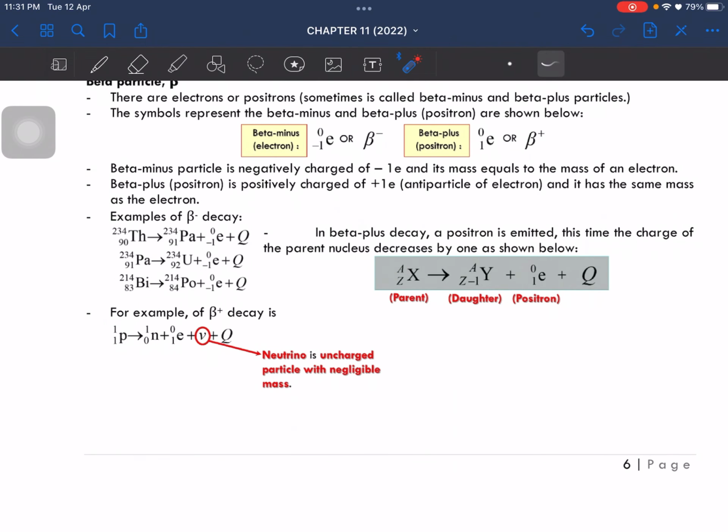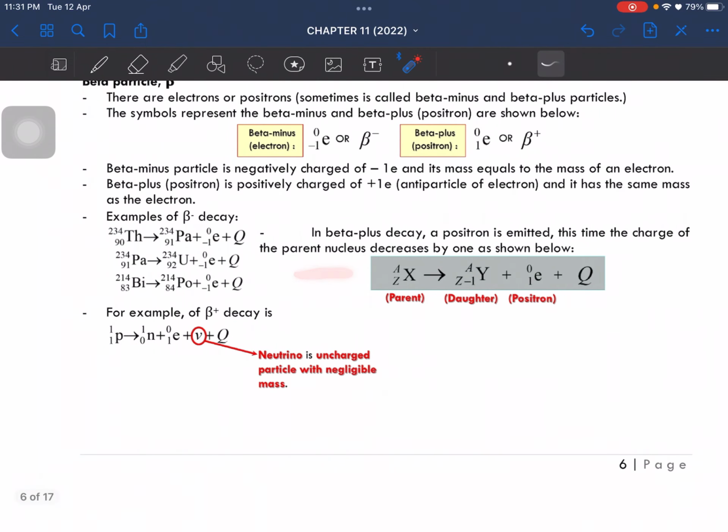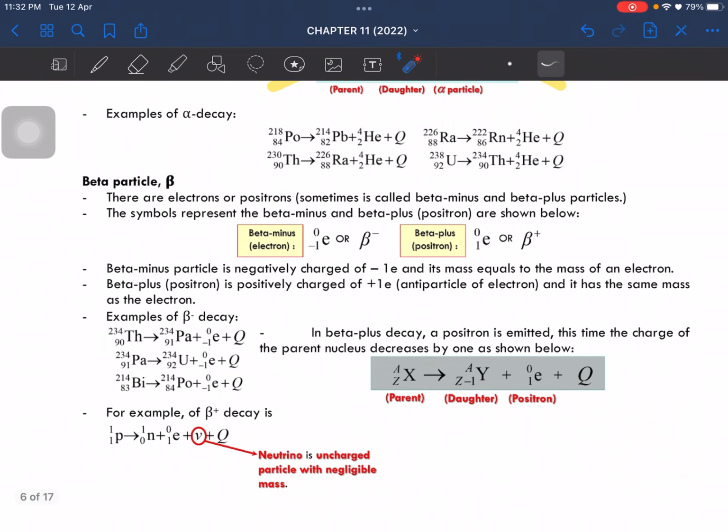So this time the charge of the parent nucleus decreases by 1. If you look at this, here it is 1, then minus 1, so it leaves 0. This here is known as a neutrino. It is an uncharged particle with negligible mass. This one is for beta minus, this one is for beta plus decay. I'll edit this, which is confusing.